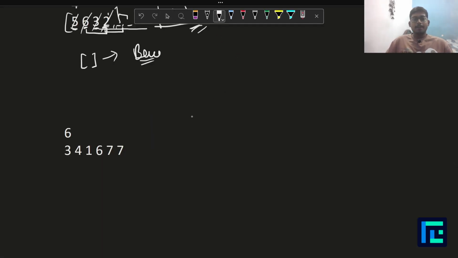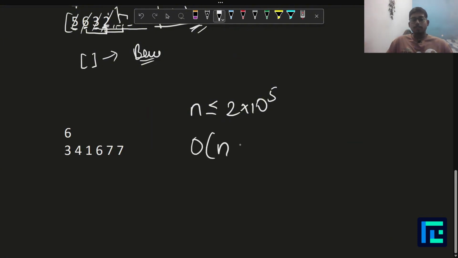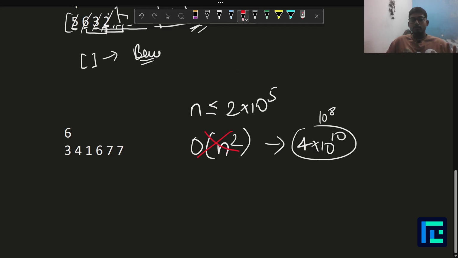If we have n up to 2 into 10 to the power 5, what does that mean? If we apply some logic which is O of n square, that would take 4 into 10 to the power 10 operations, which would be way more than the 10 to the power 8 operations that we can do in 1 second. So I think you can understand that O of n square would not work here. We need to do something better than this.